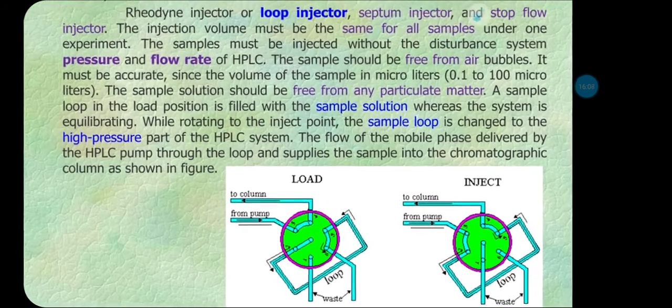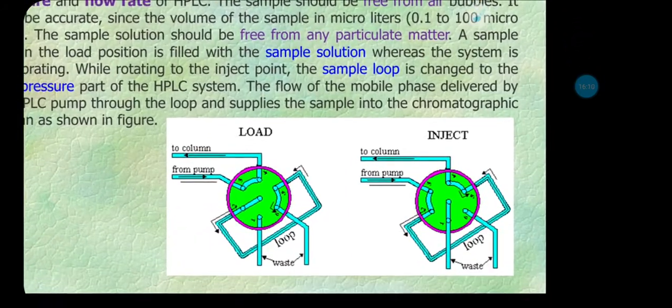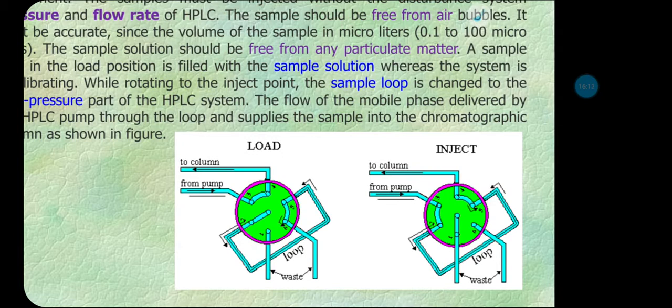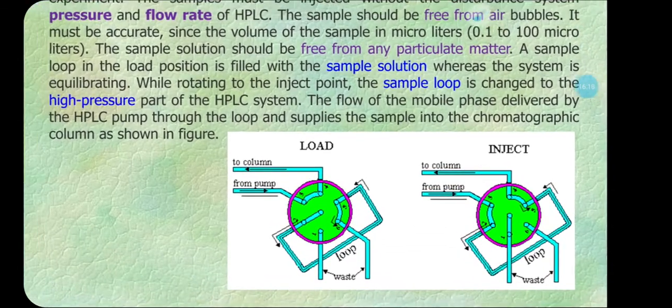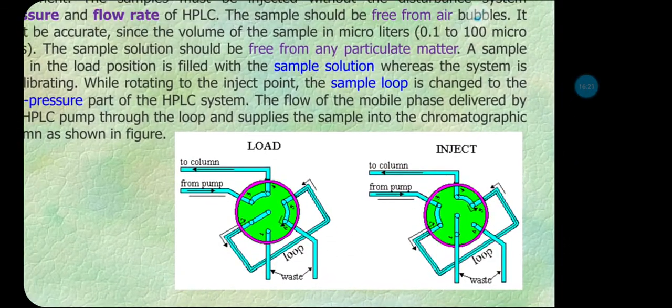Here in the figure we have tried to represent the loop sample injection system, that is the loop injector. So this is a very simple technique.